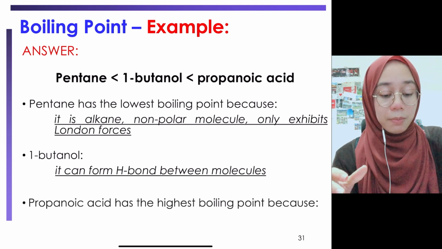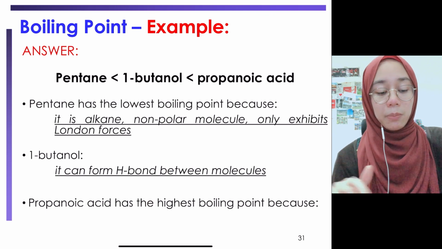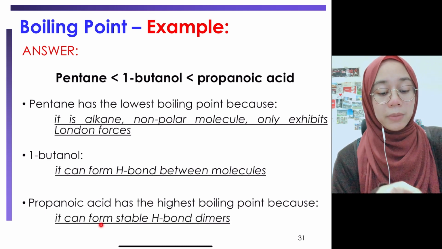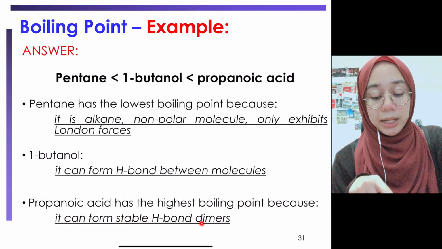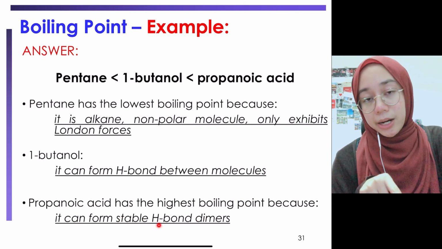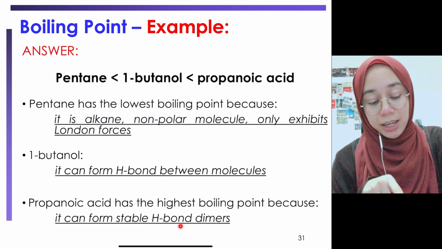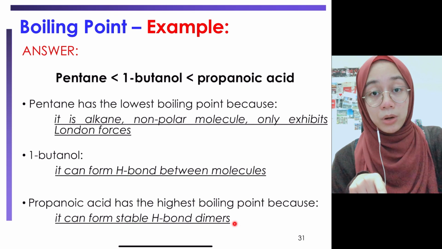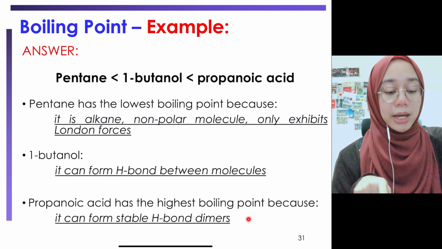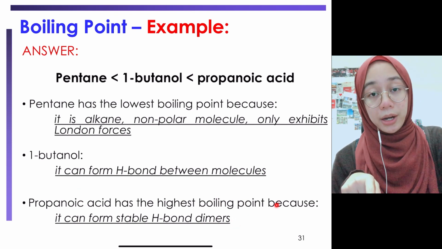But then propanoic acid, it has the highest boiling point because it can form a stable, tambah perkataan stable, and tambah perkataan dimers dekat belakang hydrogen bond ni. Okay, so because it can form a stable hydrogen bond dimers between the molecule, therefore it has the highest boiling point.